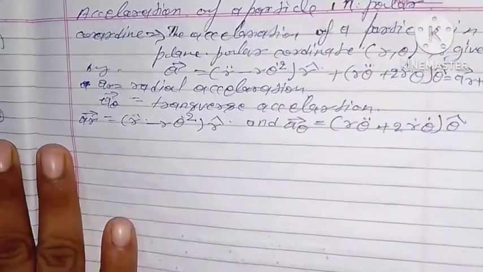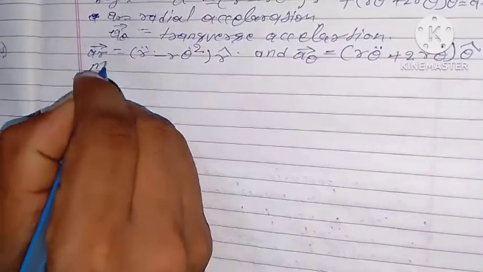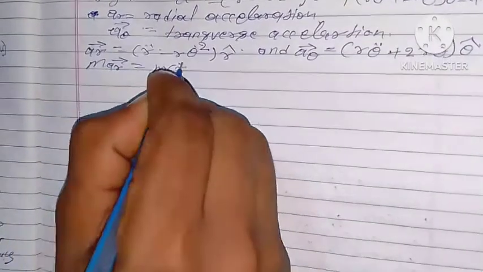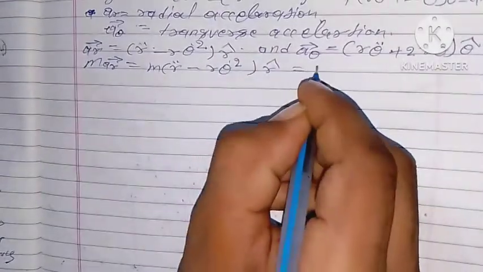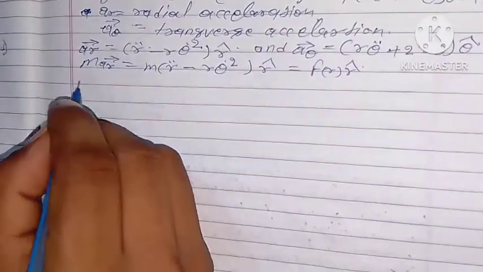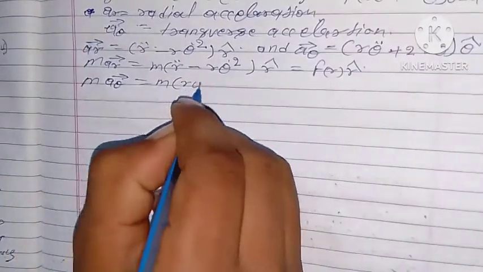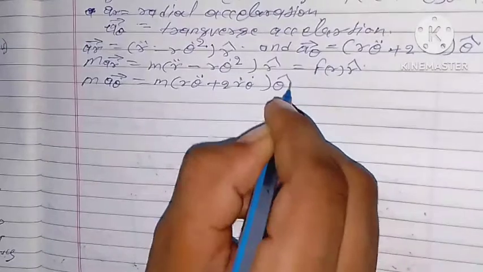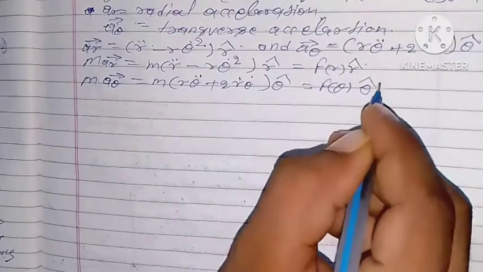Multiplying the above relation by m, mass of the particle, we have m ar vector equal to m double derivative of r minus r derivative of theta square, unit vector r, equal to the function Fr unit vector r, and m a theta vector equal to m r double derivative of theta plus 2 derivative of r derivative of theta, unit vector theta, equal to function F theta unit vector theta.